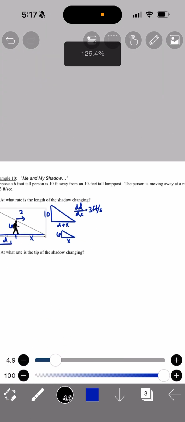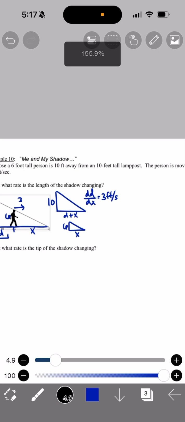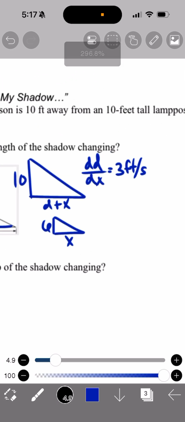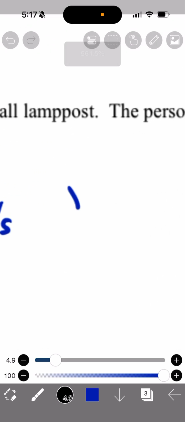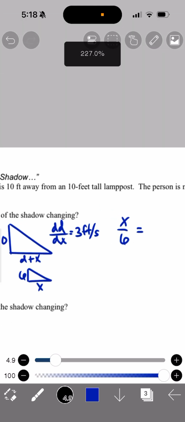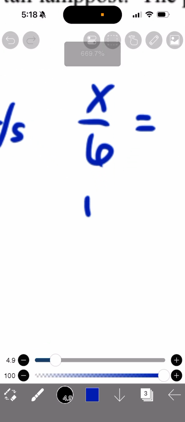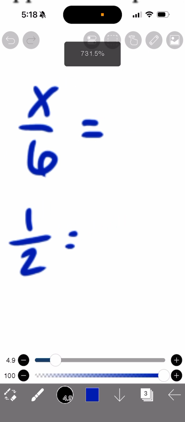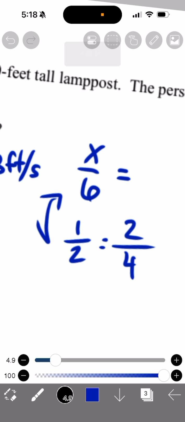All right. Now we can solve by relating these two things. If we have the proportion x over 6, that has to be equal to something, because when you make it a fraction, you're talking about the proportionality of it. Like 1/2 would be equal to 2/4, right? The same type of thing is going on here.